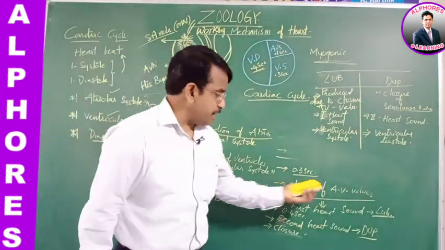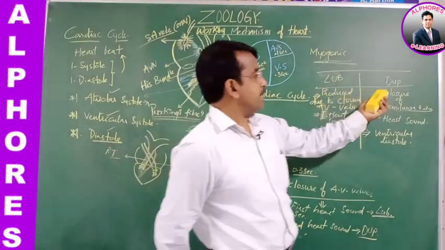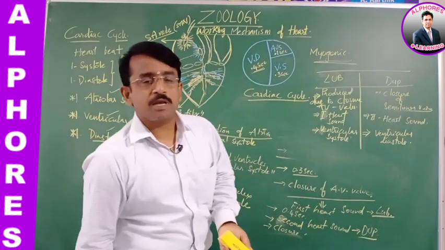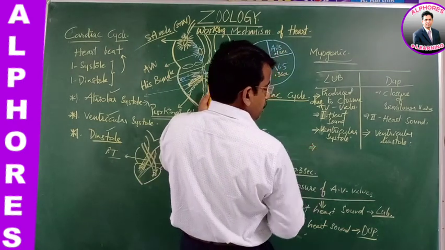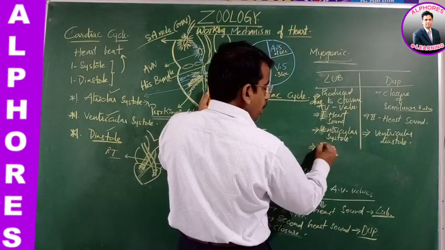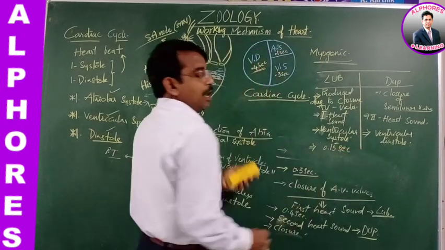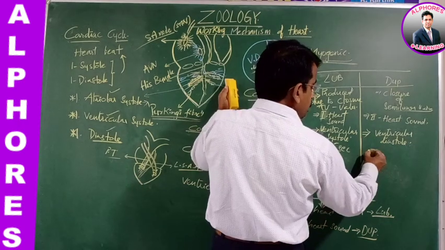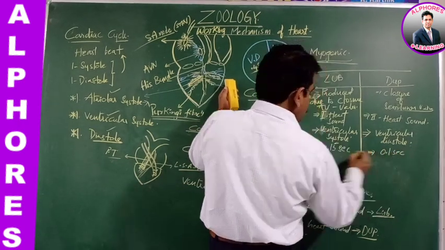The closure of AV valves produces the first heart sound, whereas dub is produced due to closure of semilunar valves. Lub is for a long duration, 0.15 seconds, whereas the dub is for a short duration.